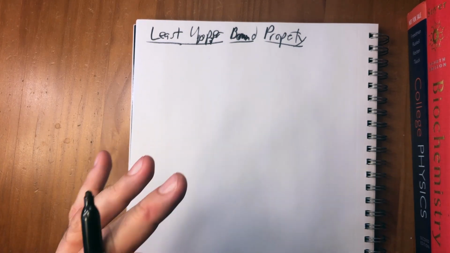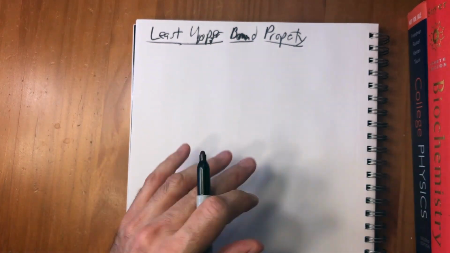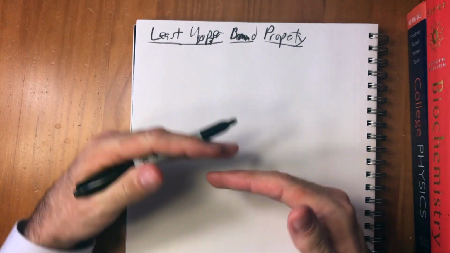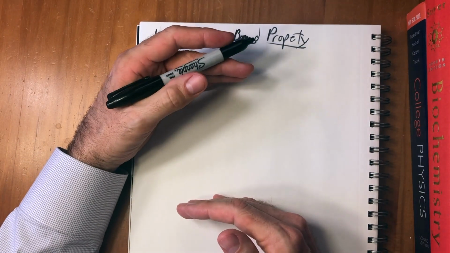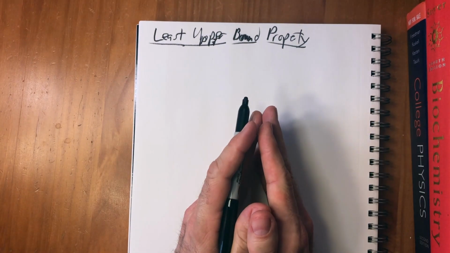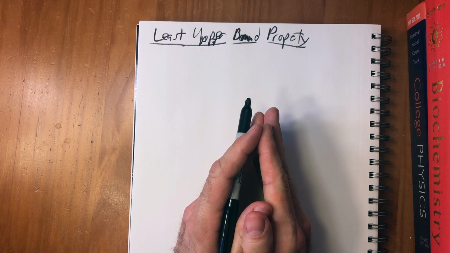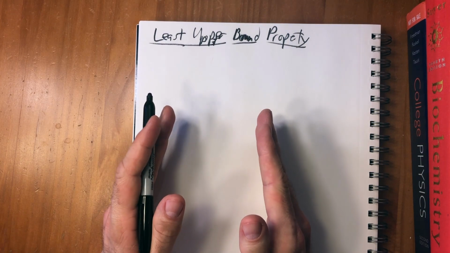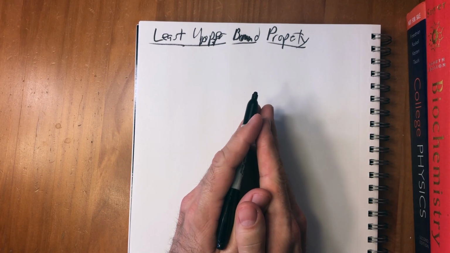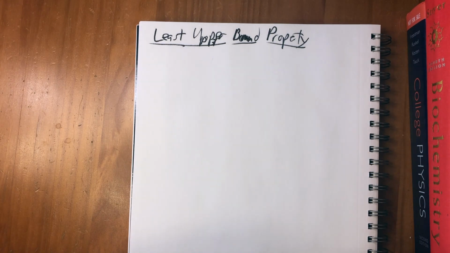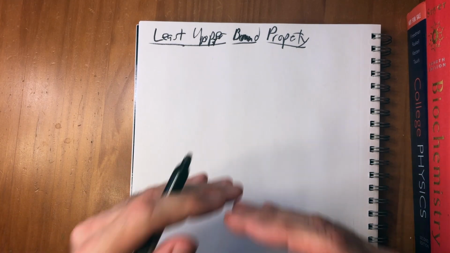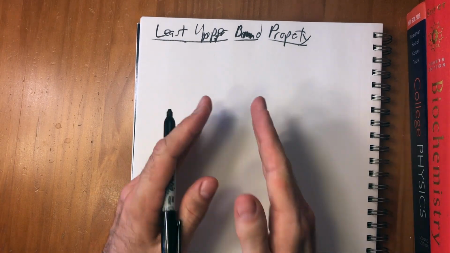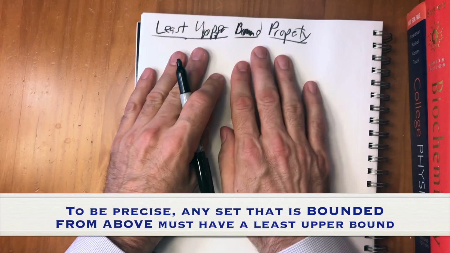The thing that separates the rational numbers from the real numbers is that with the rational numbers, it's possible to define a set that doesn't have a least upper bound. With the real numbers, it's not possible to have a set that doesn't have a least upper bound. That's what this property is.